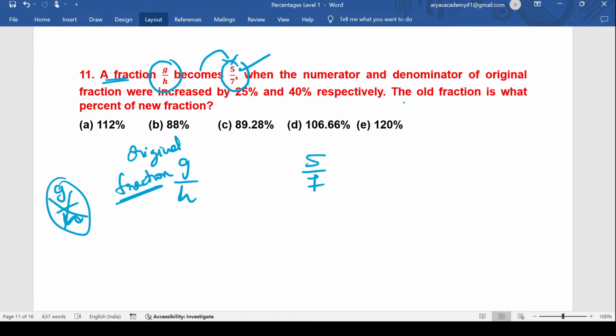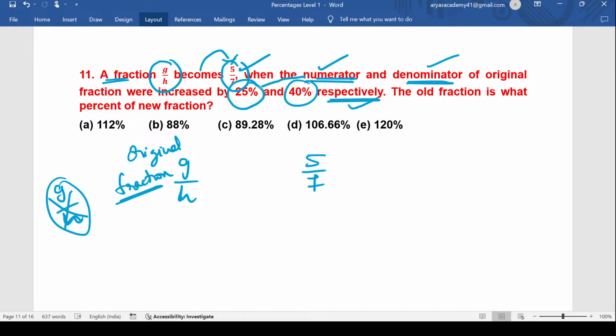So what are those arithmetical operations? When the numerator and denominator of the original fraction were increased by 25% and 40% respectively. Respectively means in the same order. So what is the order mentioned here? Numerator and denominator.